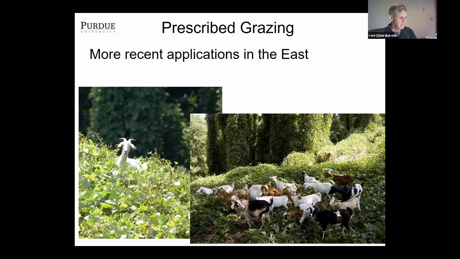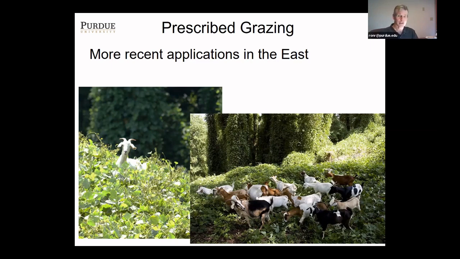But there's currently little to no data on the long-term effectiveness of prescribed grazing for controlling non-native woody species in eastern forests, nor is there any data on the impacts on native plant communities. And so we wanted to begin testing prescribed grazing to better understand under what situations it would prove useful as an integrated vegetation management tool.